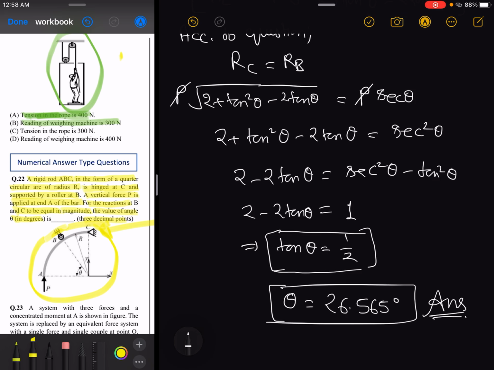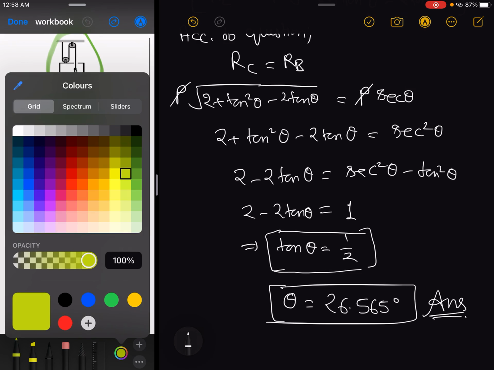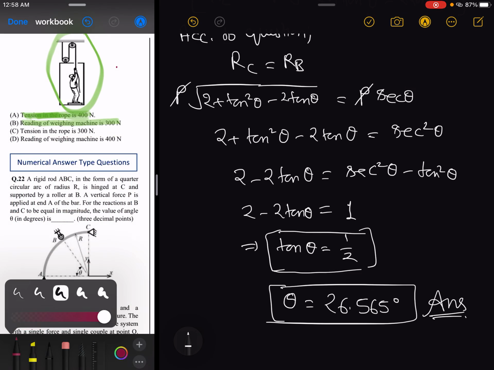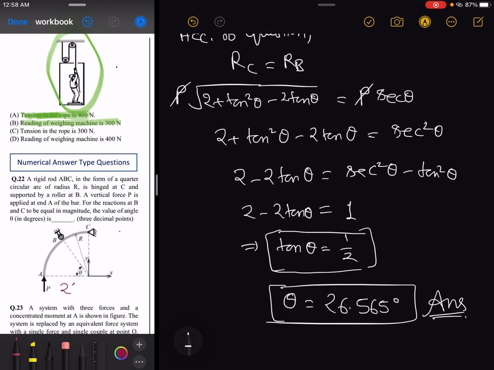So I am marking the answer here. Okay. So what we are getting as the answer? The answer for this question is 26.565 degrees. Okay, so this is the answer.